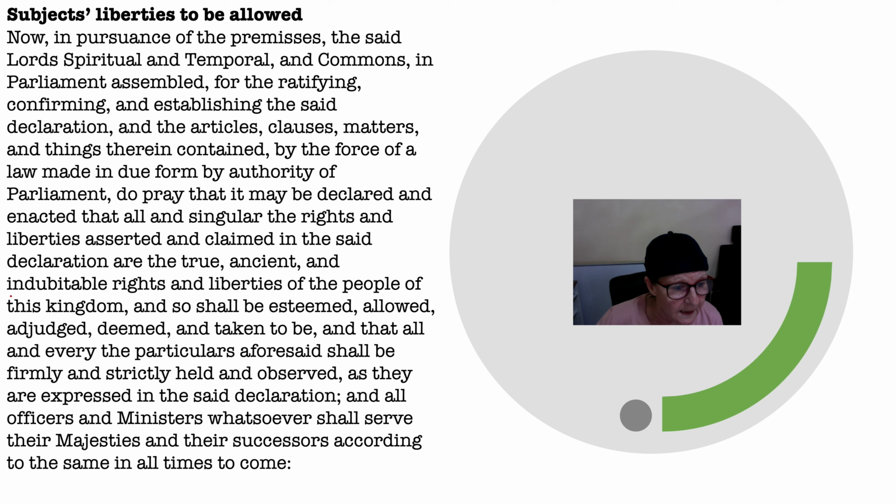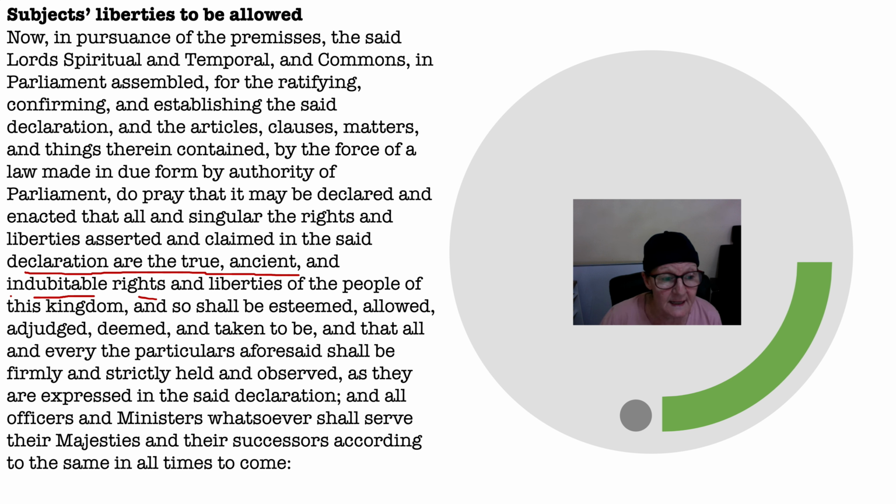I'm going to show you an example. The judge will make a declaration that they are true and ancient and indubitable rights, which means these rights are unquestionable. You cannot question any of the rights in this document.